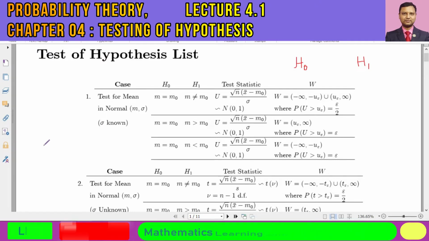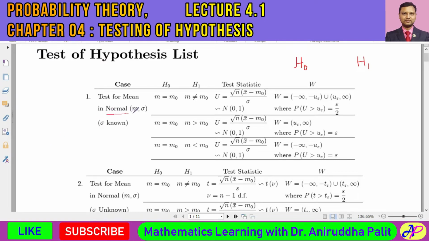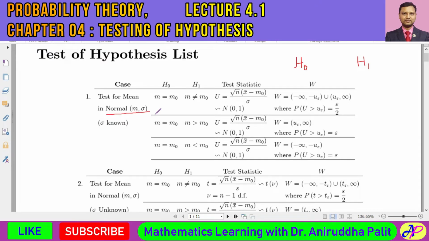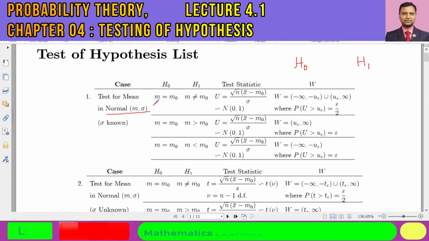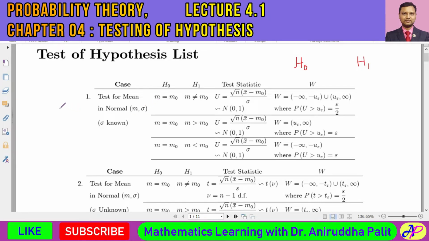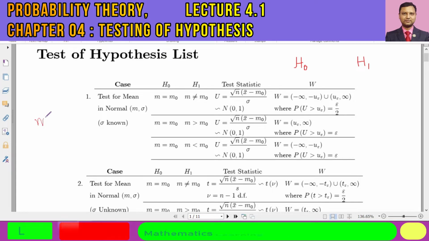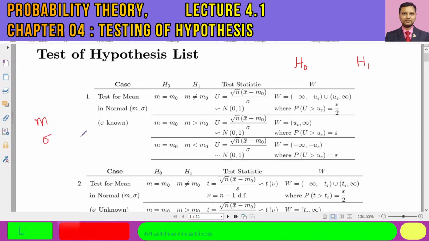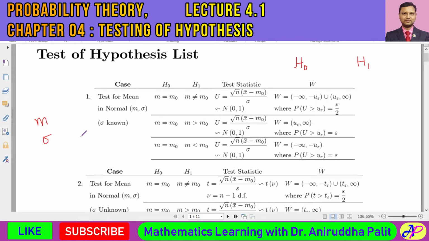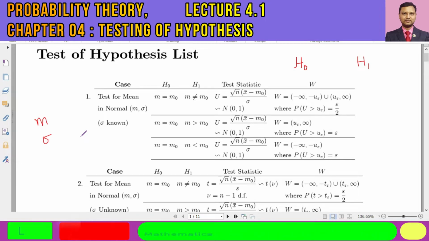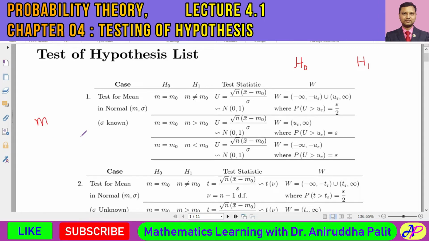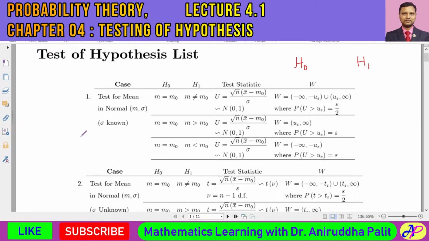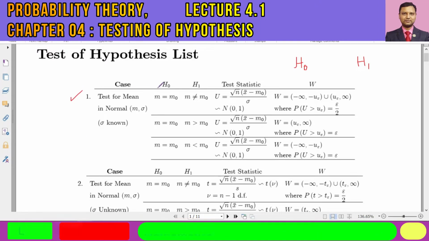Mainly we shall concentrate on normal m sigma distribution, and we shall need to make the hypothesis on the parameter m and on the parameter sigma, etc. Different types of hypothesis should be tested against different types of alternative hypothesis. So I have tried to make it systematic, and I am presenting this by this type of table.